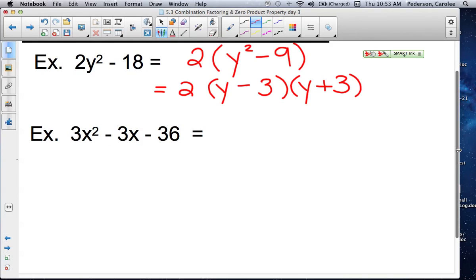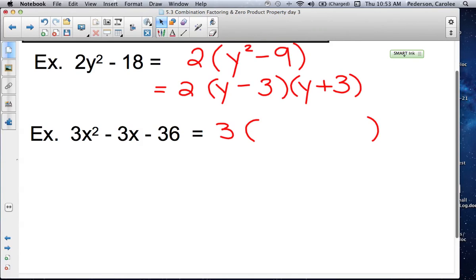Next example, I'm going to have you try and find out what is the GCF of that example. The GCF you should have found is 3. So I'm going to divide all 3 terms by 3.